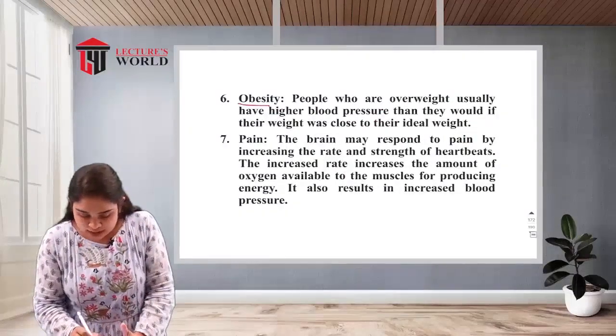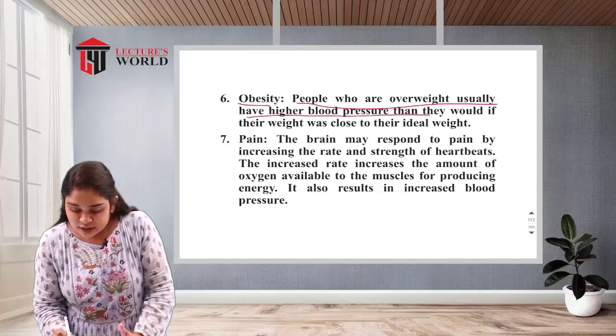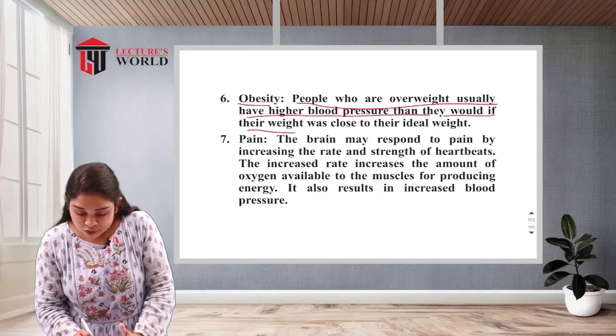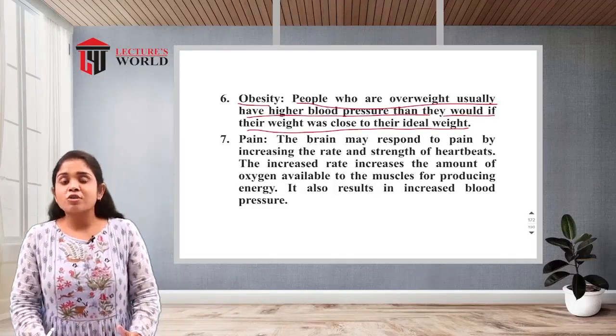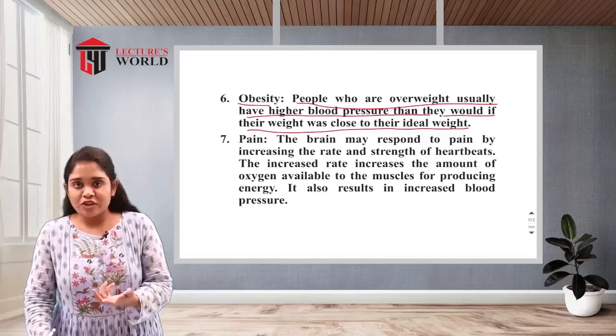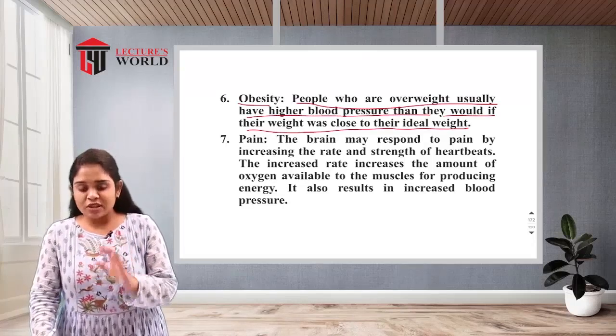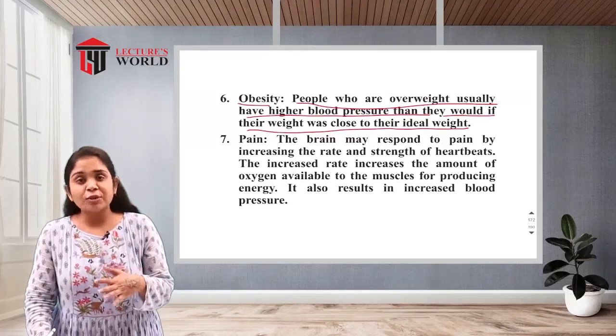Then after that, obesity. People who are overweight usually have higher blood pressure than they would if their weight was close to their ideal weight. So obesity, we can say the weight of the patient. If they are obese, what happens eventually is that the cholesterol and the fat level is going to increase in the arteries.